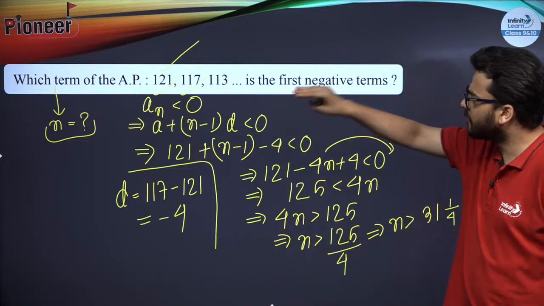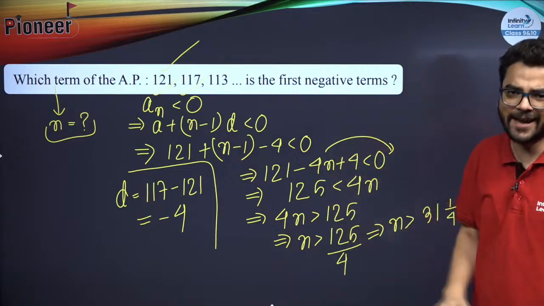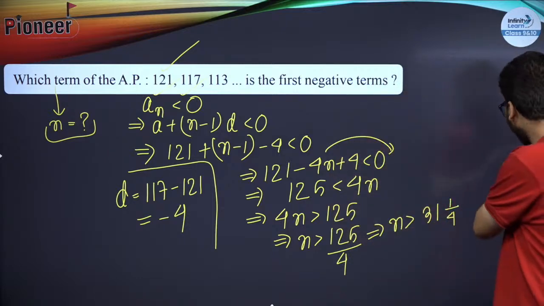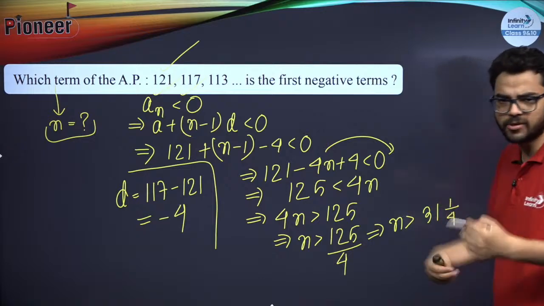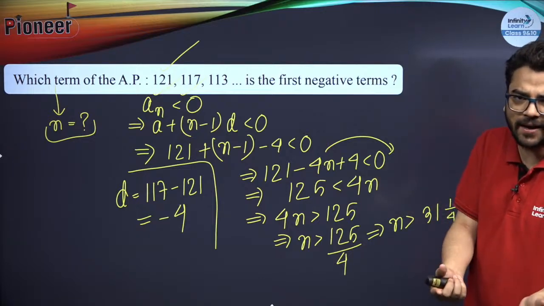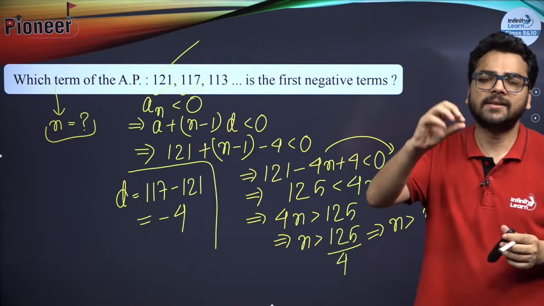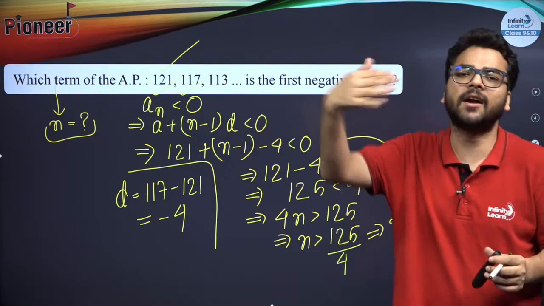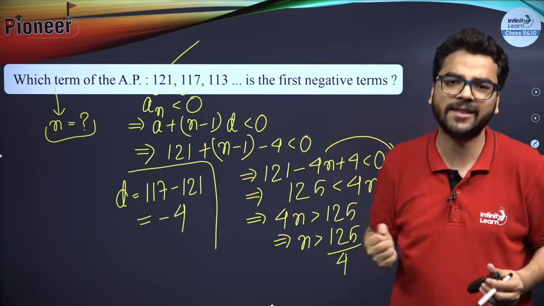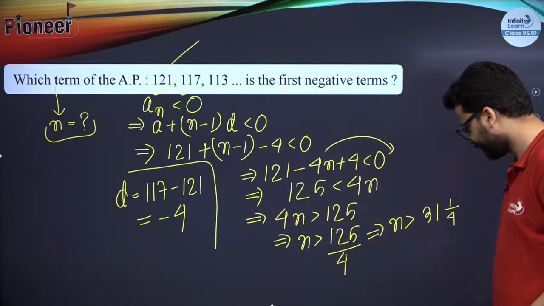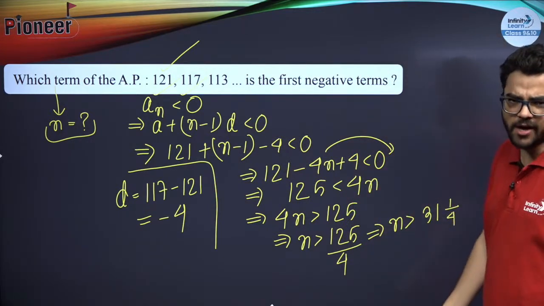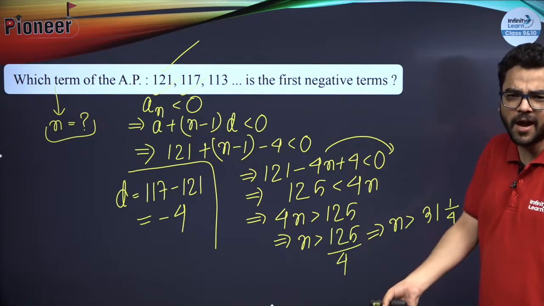In the question it is being asked which term is the first negative term. So it means the position is being asked, right? The position, the value of n. It means it is being asked that suppose the 30th, 31st, 32nd, something like this. So you see, n can never be fractional. The position of a term can never be fractional.